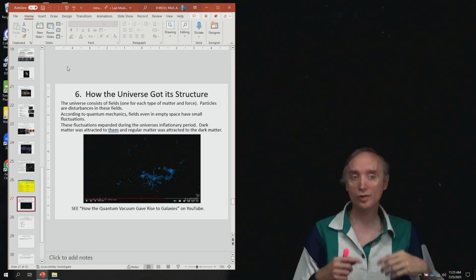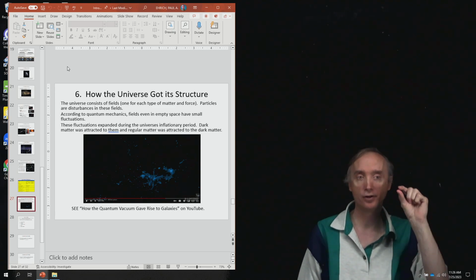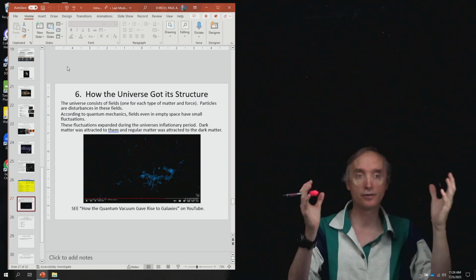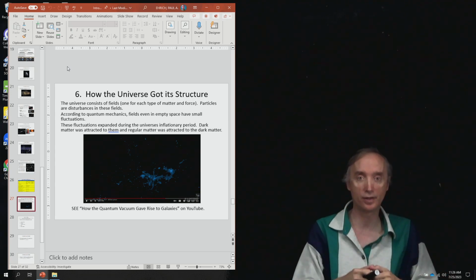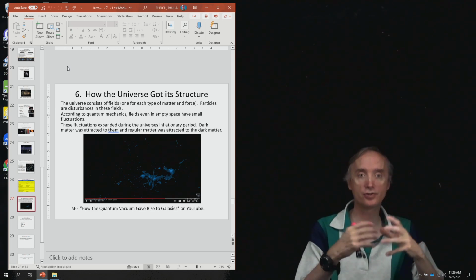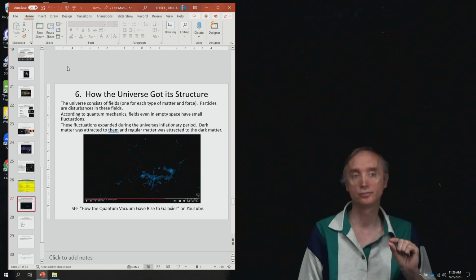So one of the things about quantum mechanics is that things are very, very random, okay? And when you have very small objects, particles can appear out of nowhere and then go back to where they came from. So there is a constant fluctuation in energy of very, very small objects.